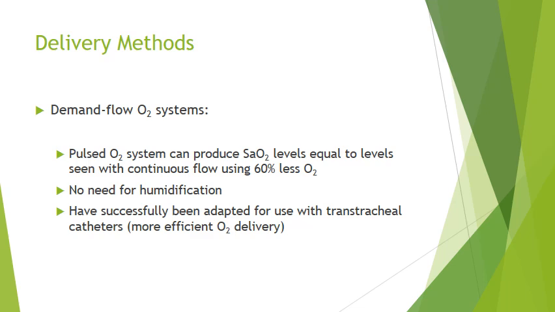If they have minimal oxygen needs, 2 or 3 liters, maybe even a little less, they will be perfect for the demand flow O2 system, because it's not giving oxygen continuously to dry out the nostrils, it's only when the person needs it. Usually there's no need for humidification. It has also been successfully adapted for usage with the transtracheal catheter for more efficient O2 delivery, and in more recent studies it can be used in that fashion as well.